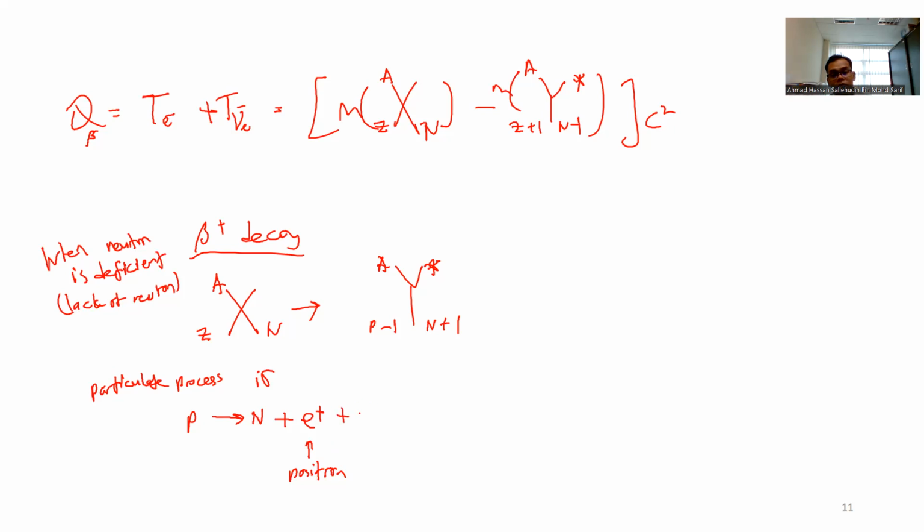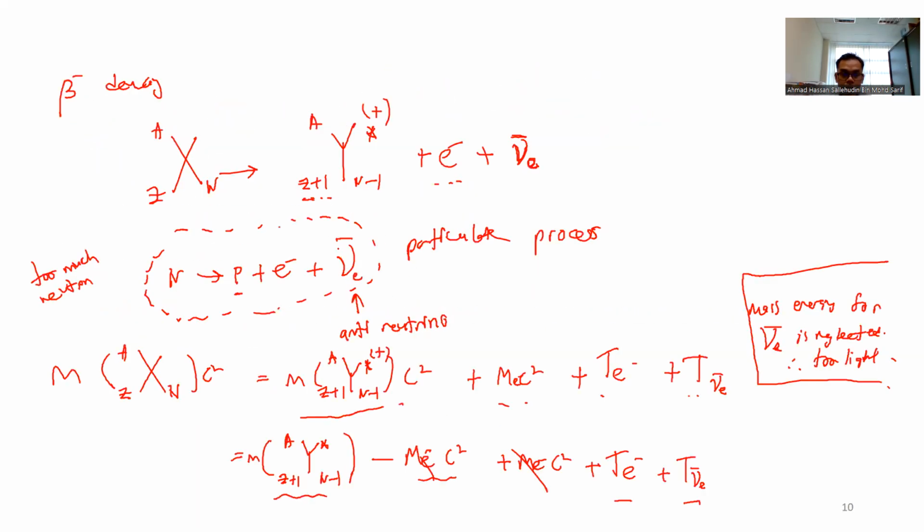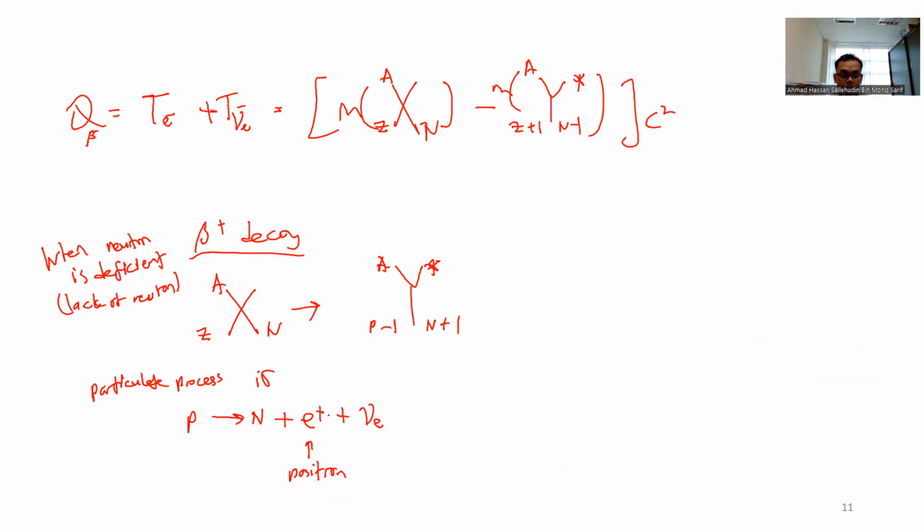And this time not an anti-neutrino, it is a neutrino, so you don't have the minus sign at the top. In pair with the negative electron, you have the anti-neutrino, and for the positive electron, you have the neutrino. So this is called the neutrino. So you have a positron and a neutrino.